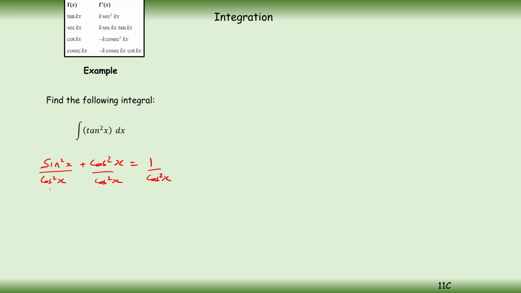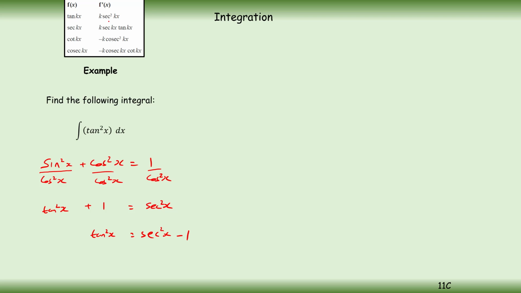Dividing through by cos squared, I get my tan squared x plus 1 is equal to, c is going to be the third letter, so sec squared x. That means tan squared x is equal to sec squared x minus 1.